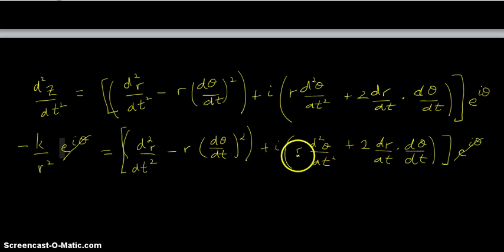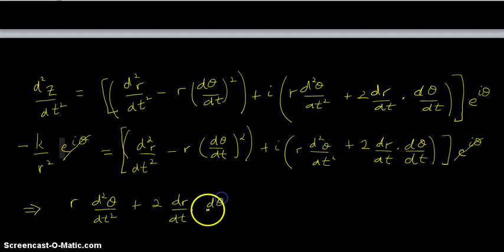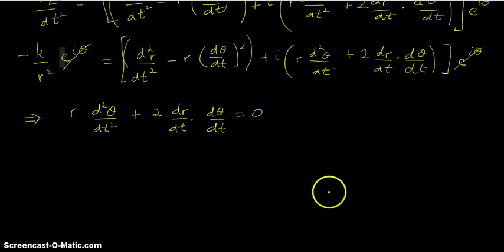That means that this imaginary term in here must be 0. So that gives us r d2 theta by dt squared plus 2 dr dt times d theta dt is 0. If we multiply throughout by r, we end up with this.